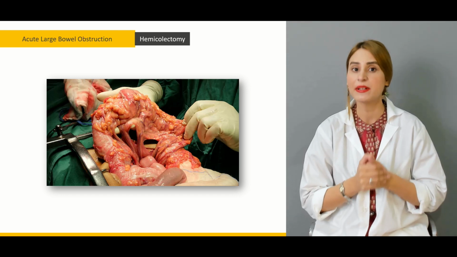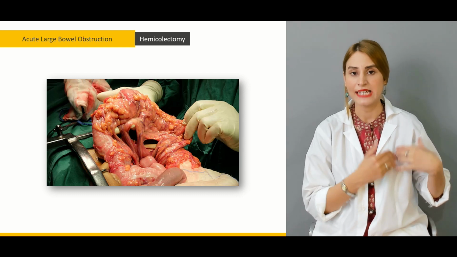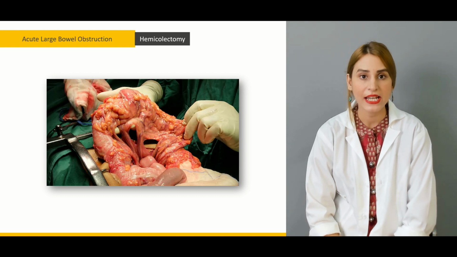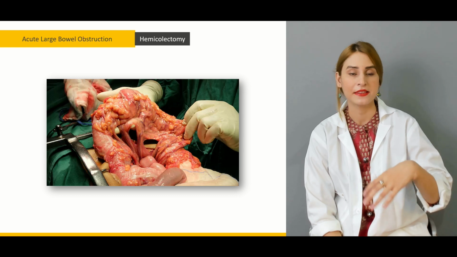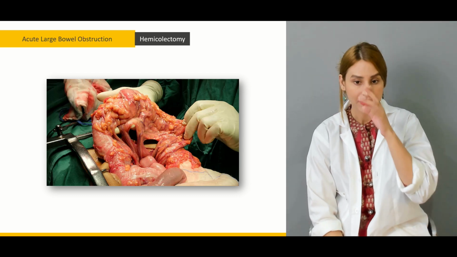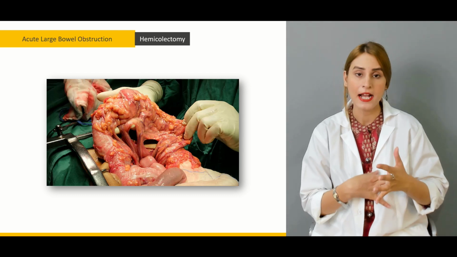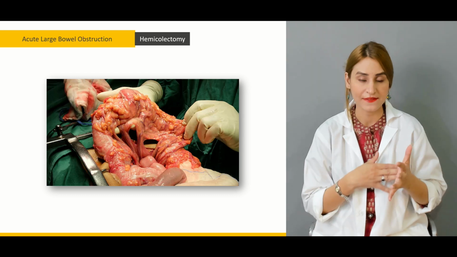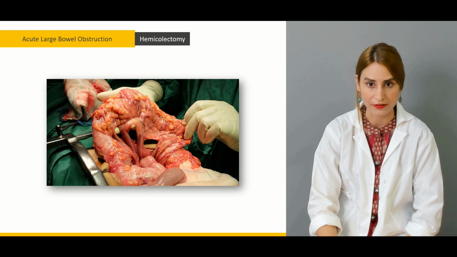And the segments which involve the splenic flexure down to the descending colon, sigmoid colon, or rectum involve the left hemicolectomy. So the treatment or the surgical options depend upon the type of the obstruction, right-sided or left-sided, depending upon the parts of the large intestine which are being involved.